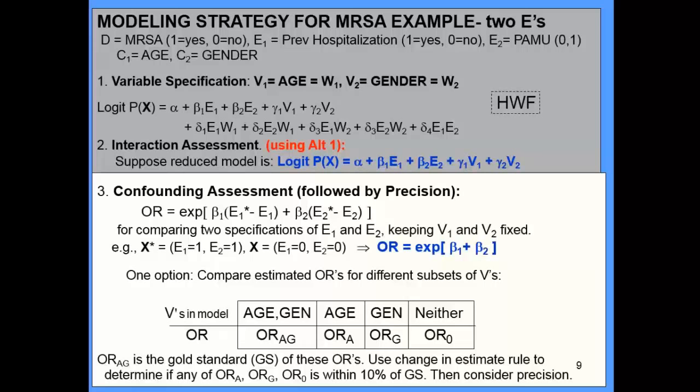So they're previously hospitalized, and they previously used antimicrobial drugs. So what's the value of these 2 variables on that person? 1, 1, right? But what if they have neither? 0, 0. What if they have 1 and not the other? It's either 1, 0, or 0, 1, right?